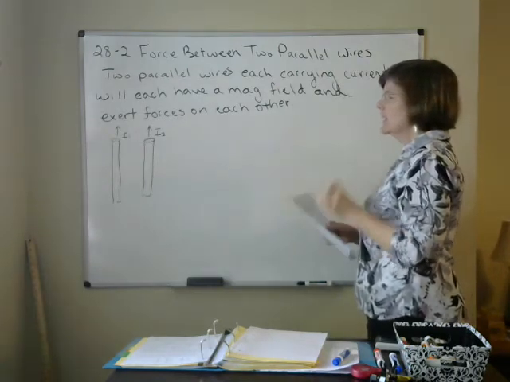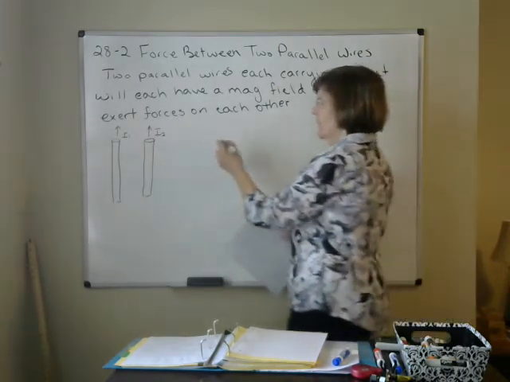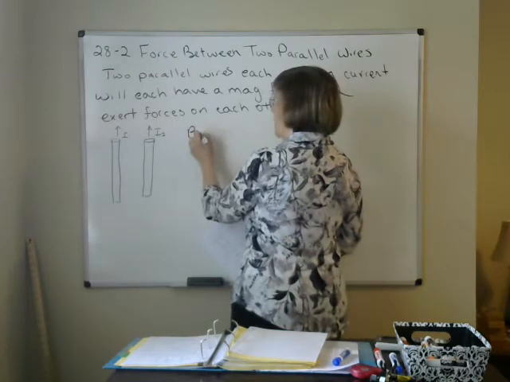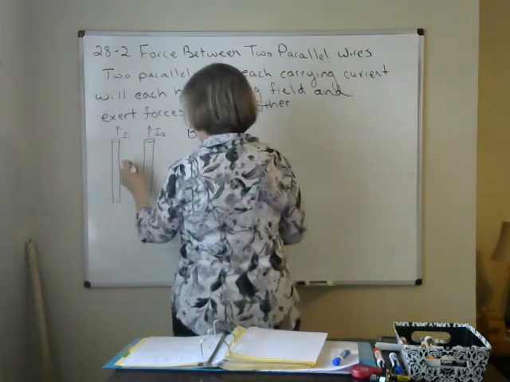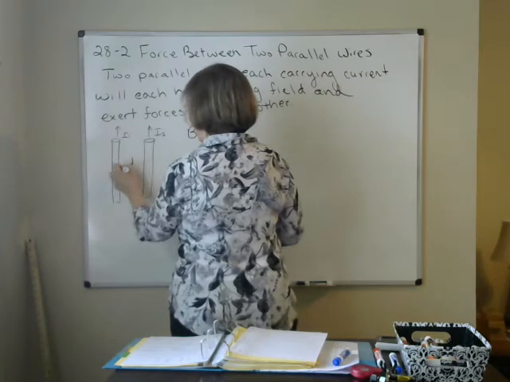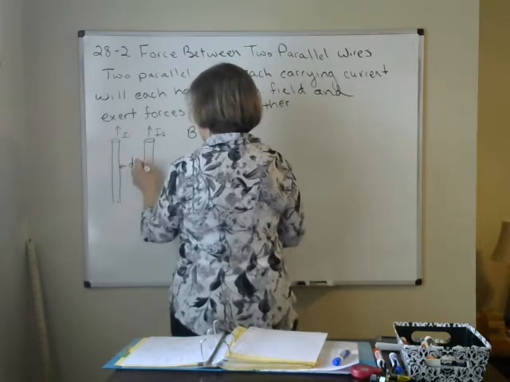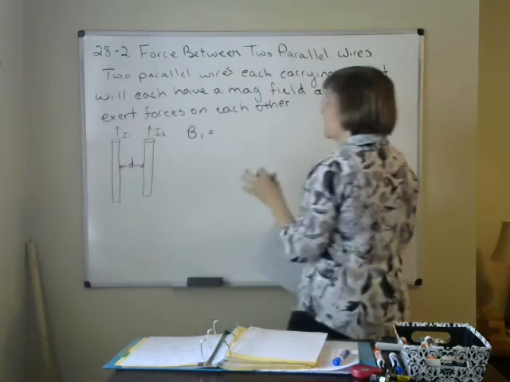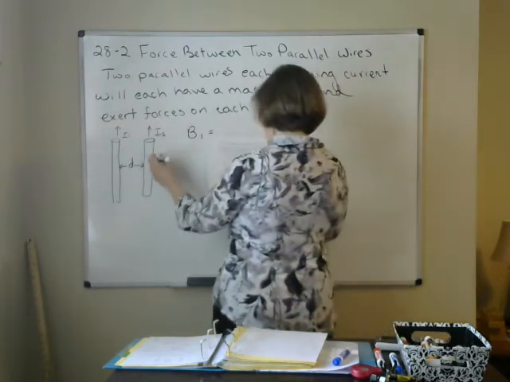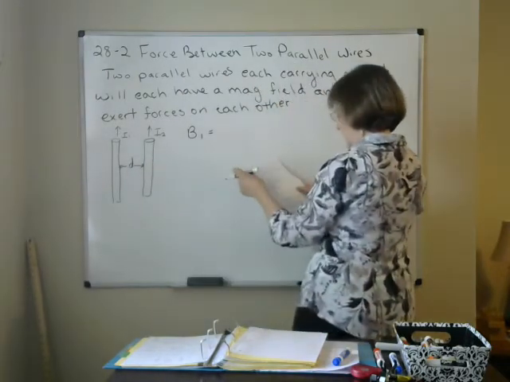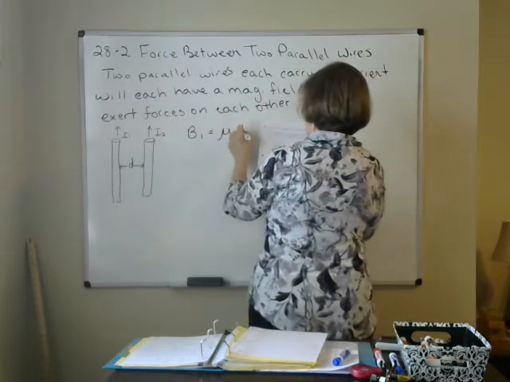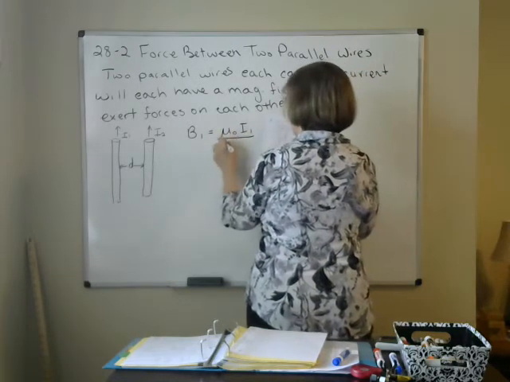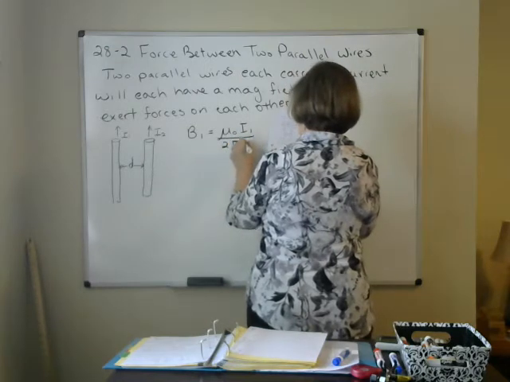Let's look at the magnetic field due to wire 1. If these two are located at a distance d apart, let's see what the magnetic field of wire 1 is over here at this point. It's going to be mu naught I1, just at any point, over 2 pi r.